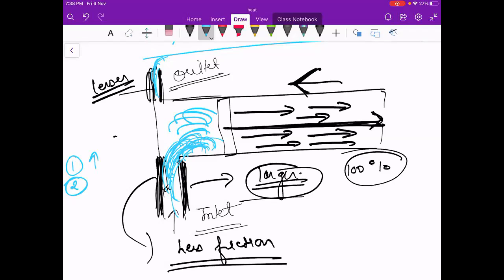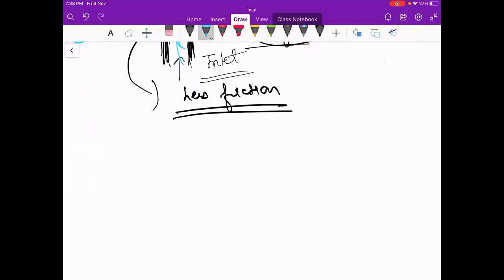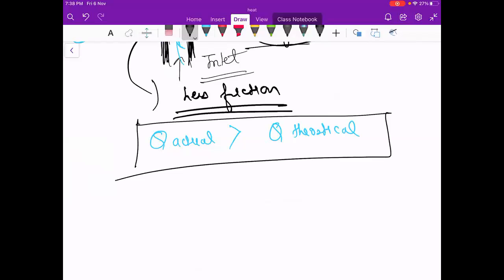So theoretically we have stopped the fluid, but practically the fluid is coming. That is why the Q actual is greater than the Q theoretical.